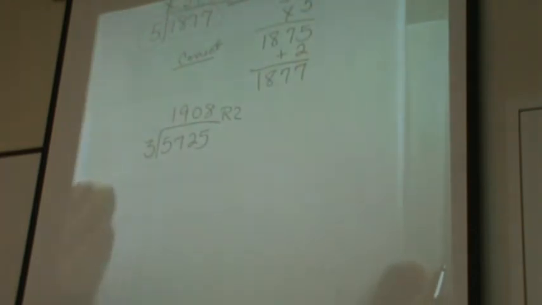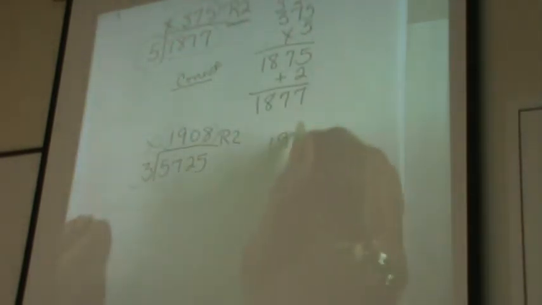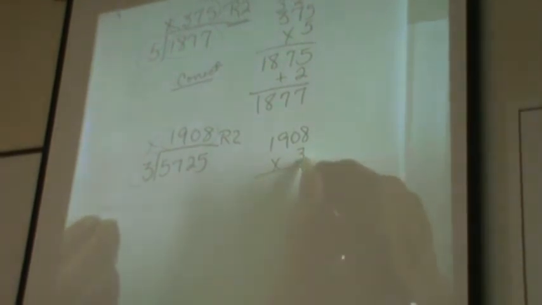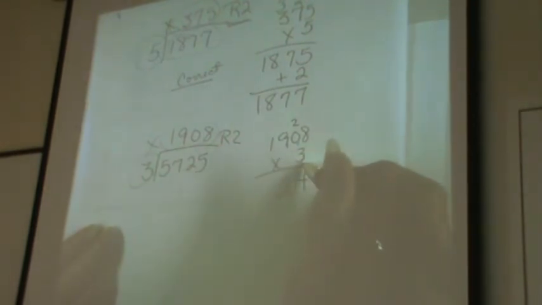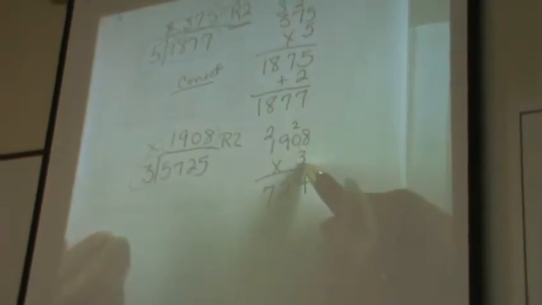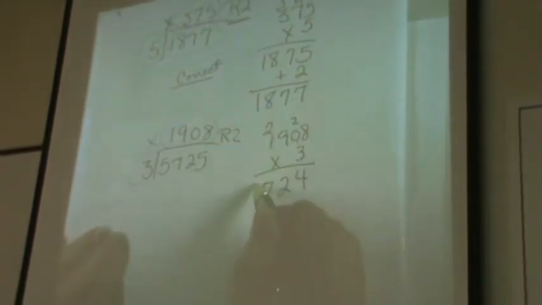Okay, so let's multiply these two here, just like we did on the one above it. 1908 times 3. 3 times 8, 24, carry the 2. 3 times 0, 0 plus 2, 2. 3 times 9, 27. 3 times 1, 3, 4, 5.